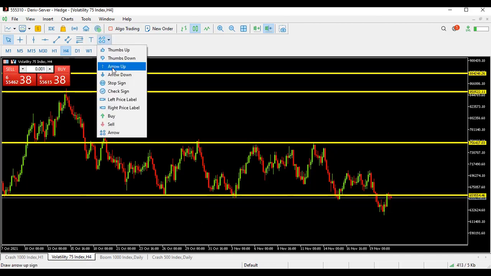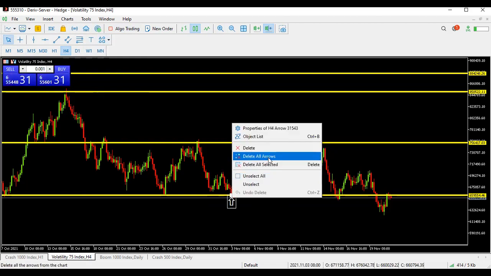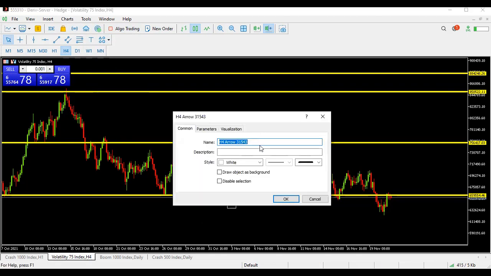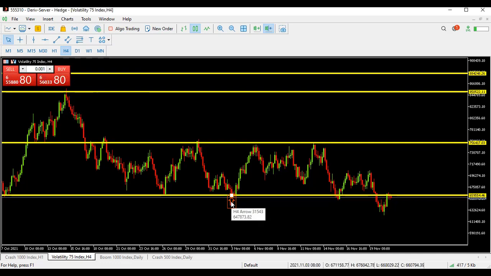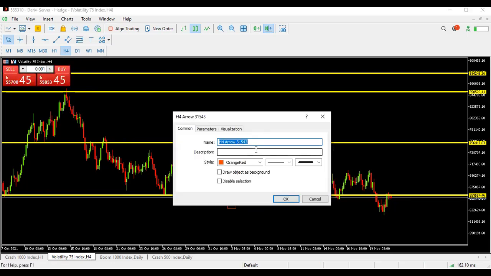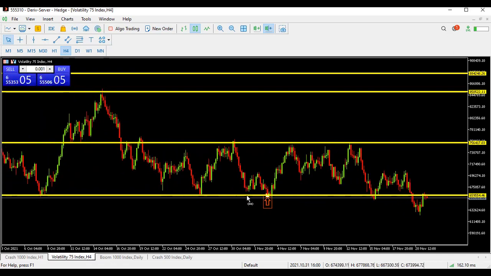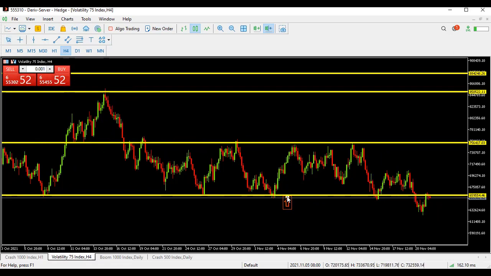Let me look for the arrow here. You see here?